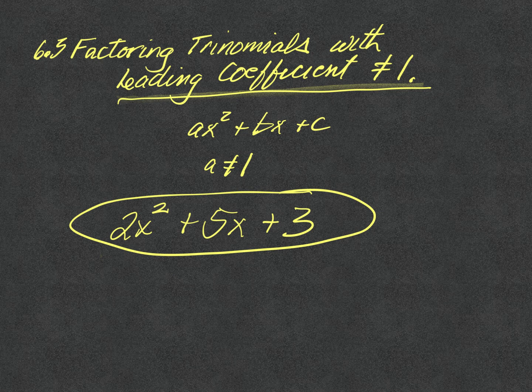And we want to factor this polynomial. The difference we have is the leading coefficient, the value times the x squared term, is not equal to 1. Now, in this case, that's not so difficult because if we break this apart, we know that there's only one way to get 2x squared, and that is 2x times x.